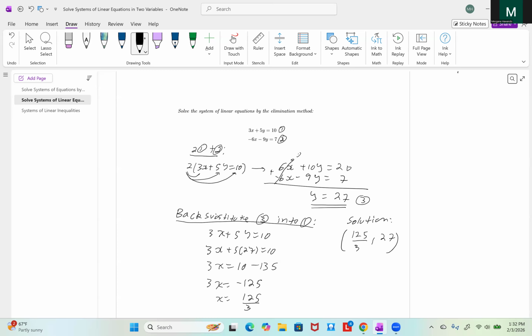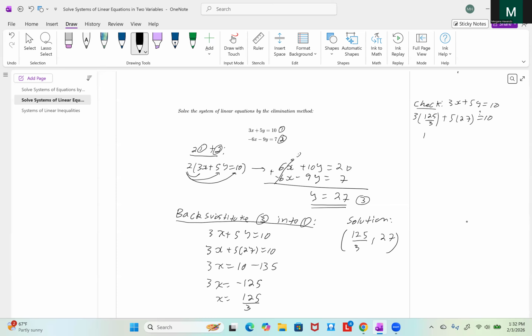Is this correct? Let's check our answer. So always check your answer. Let's check by plugging it into the first equation. 3x plus 5y is equal to 10. So 3 times negative 125 over 3, plus 5 times 27 is equal to 10, question mark.